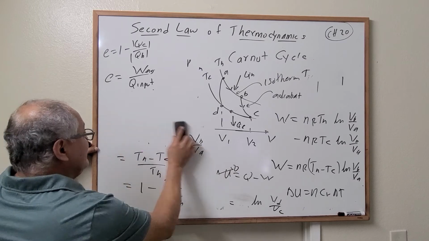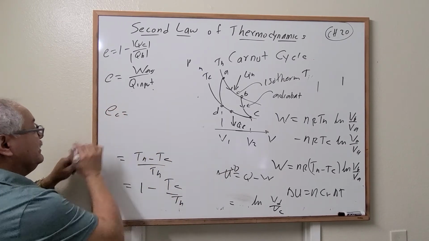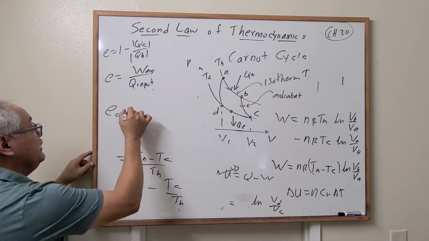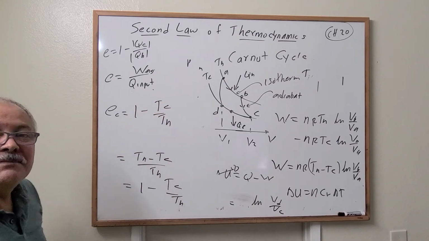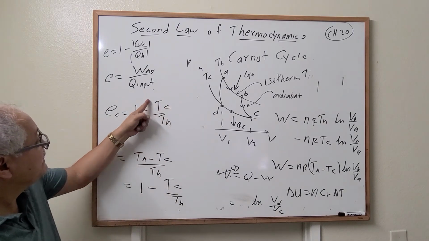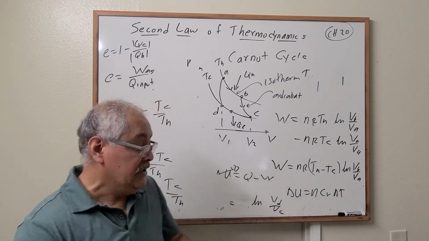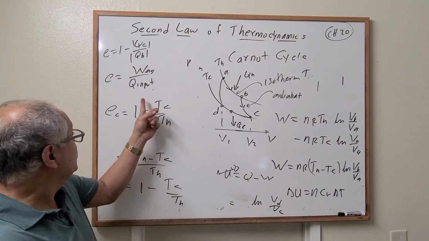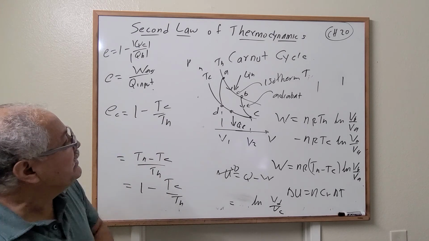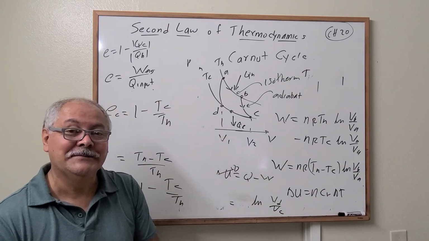So we got the Carnot efficiency, the maximum efficiency, 1 minus T_C over T_H. When is this maximum? Remember these are in Kelvin, so T_C must be absolute zero to get 100% efficiency in this cycle.